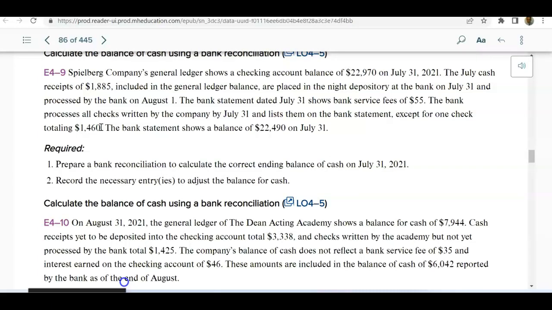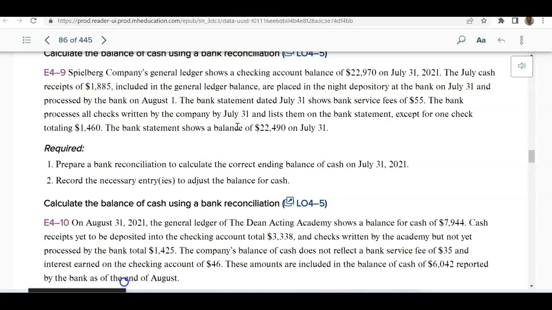It's still outside. So momentarily what you do is deduct that outstanding check from your bank statement balance, because you know eventually, in a matter of days, it will be deducted.